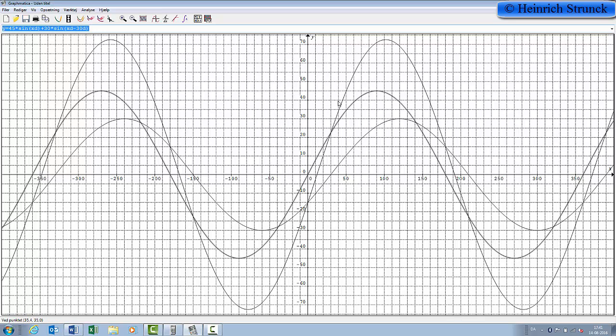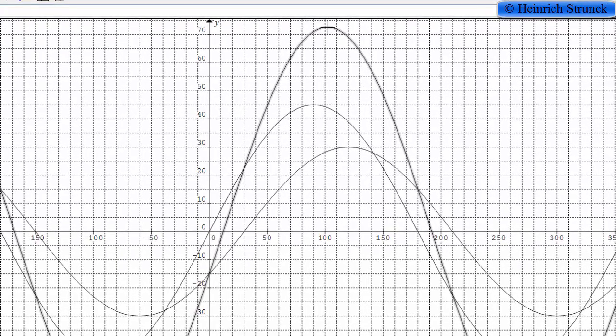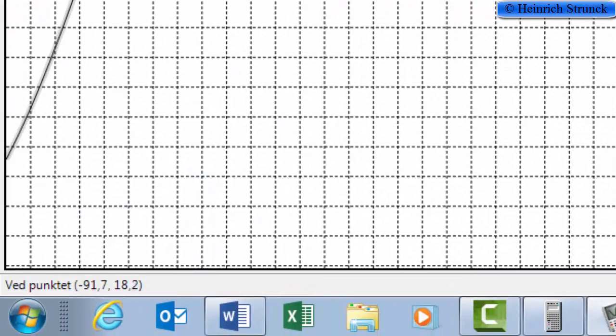Now we can see the sum of the two vectors, two sine curves. It has a maximum when we put the cursor up here. Then we can see at the left bottom, down here, the value of the point of the cursor. I will show you by returning.